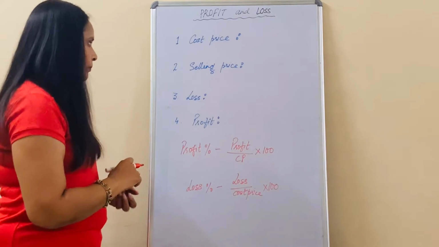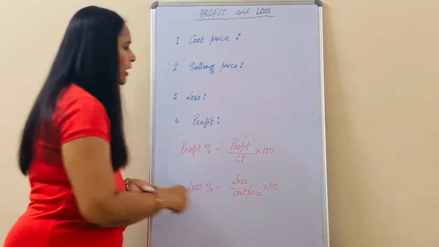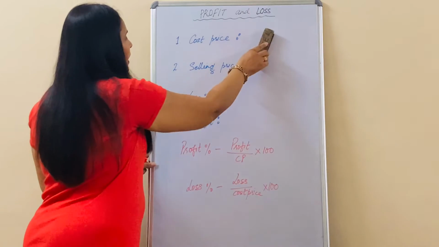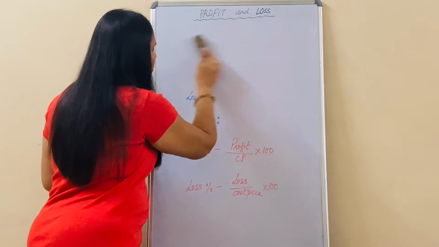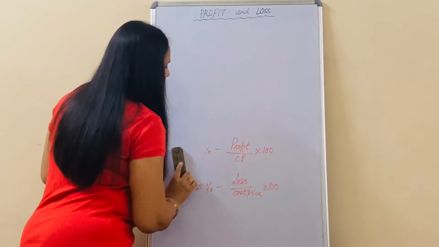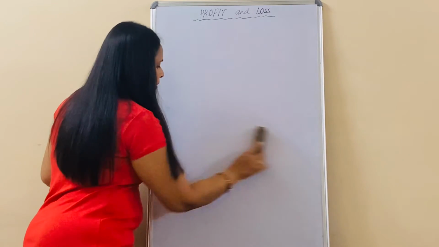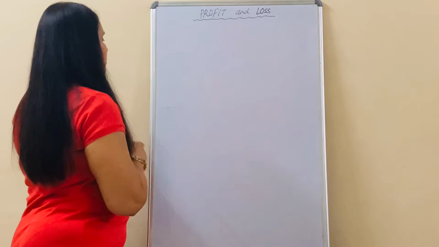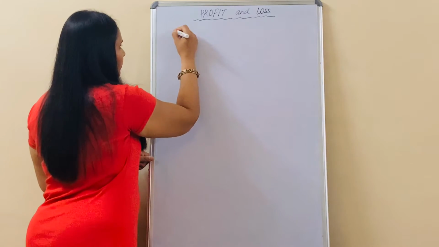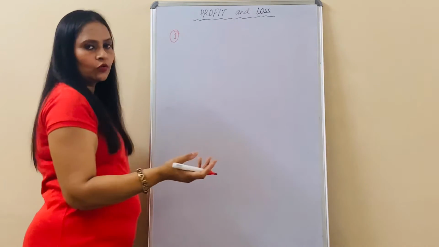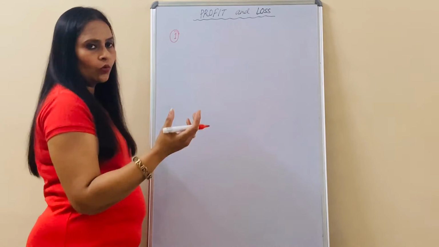Another thing we are going to discuss is the key things we should know while calculating profit and loss. The key things which we should remember are: first, what is the cost price? I have told you. What is the selling price? You know now.